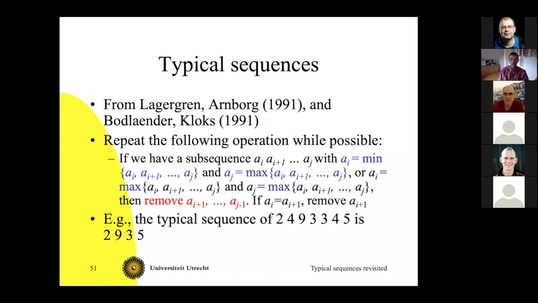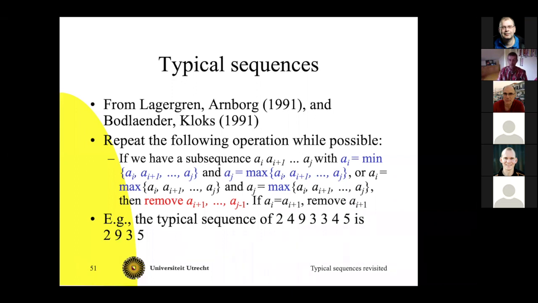So that's the idea. And now the interesting thing is that you can characterize this more precisely by a notion which Ton and I called the typical sequence, which was introduced simultaneously by Lagergren and Arnborg in 1991. The operation of a typical sequence is the following. If I have a subsequence of numbers where the first one is the smallest and the last one of the subsequence is the largest, or vice versa, the first one is the largest and the last one is the smallest, I remove all the middle ones.